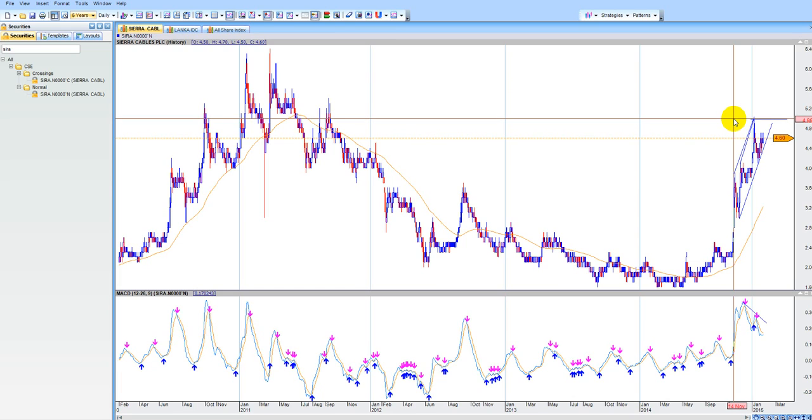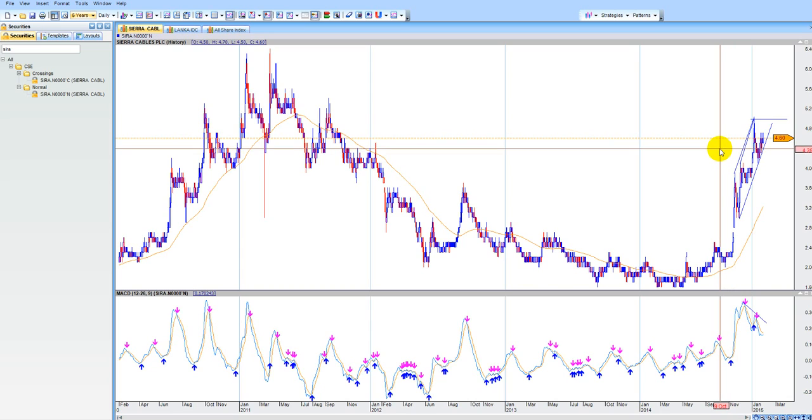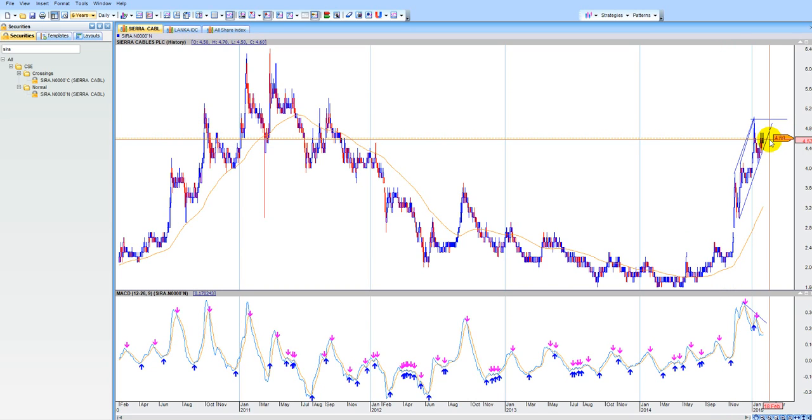So if you are not going to pay more than 5, that means you should not be entering at 460. I assume that you get my message here.